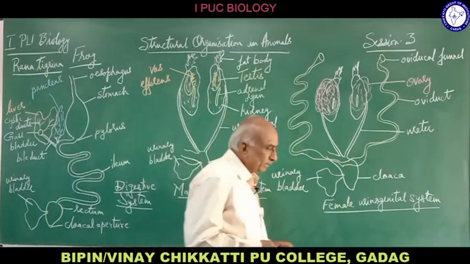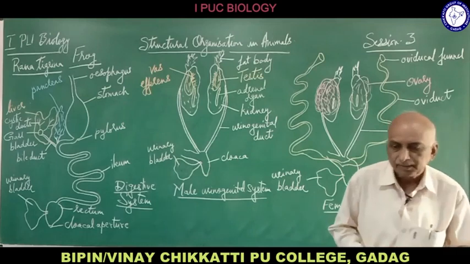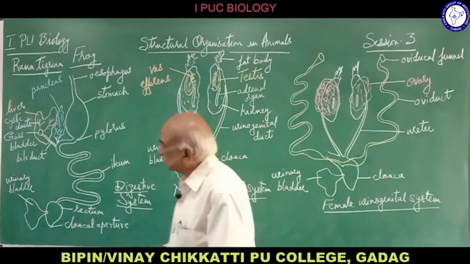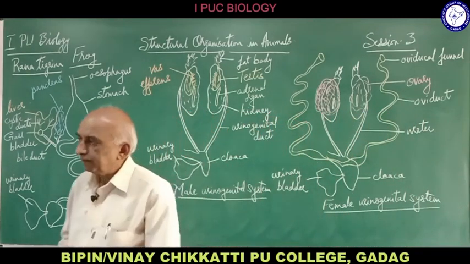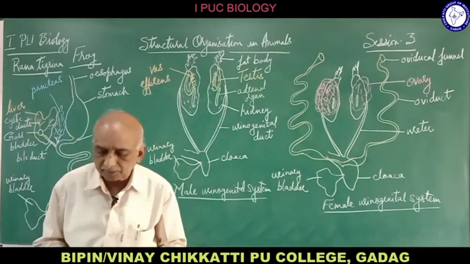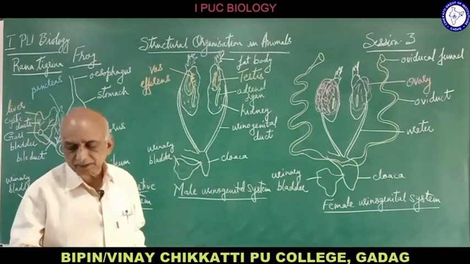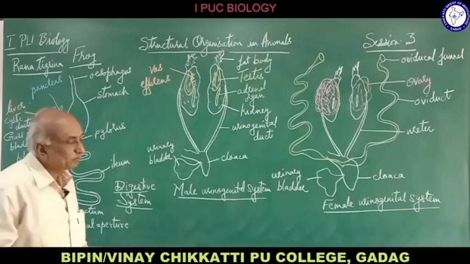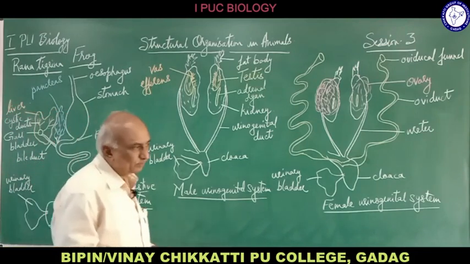Then when we see the nervous system, it constitutes the brain or central nervous system, the peripheral nervous system, and the autonomous nervous system, similar to the human being.